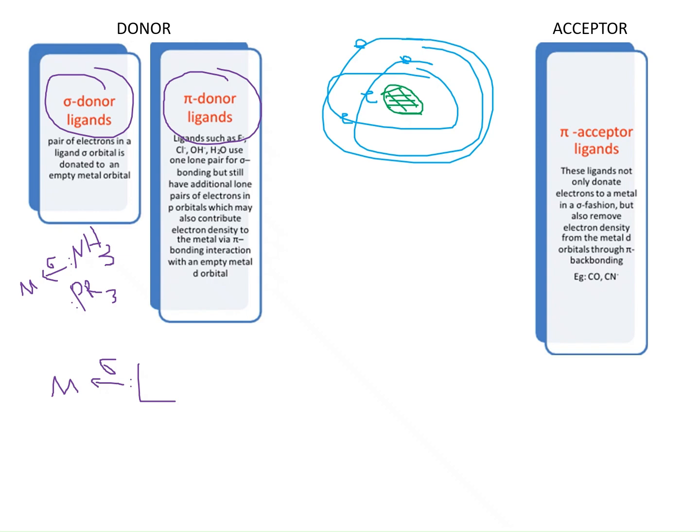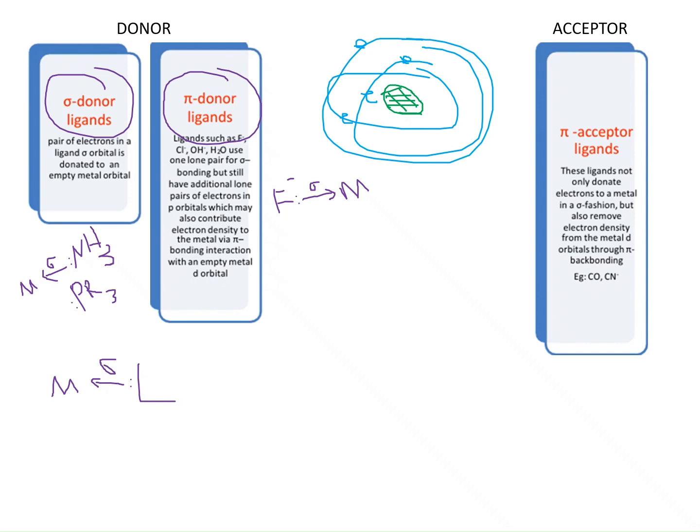The pi donor ligands, for example, fluoride, chloride, hydroxide, water: the electrons that are donated to the metal, the lone pair, will still form a sigma bond. So let's say you have a fluoride. When its electron is donated to the metal, it will form a sigma bond.